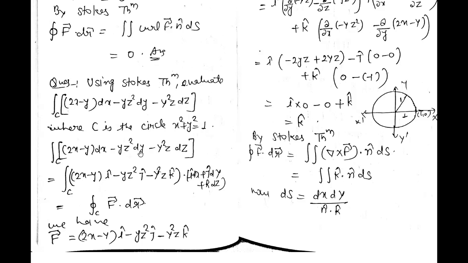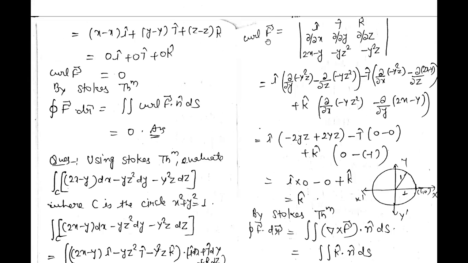You can write this one as this one, and you can get here f vector. So your f vector will be 2x minus y i cap minus yz square j cap minus y square z k cap, right?